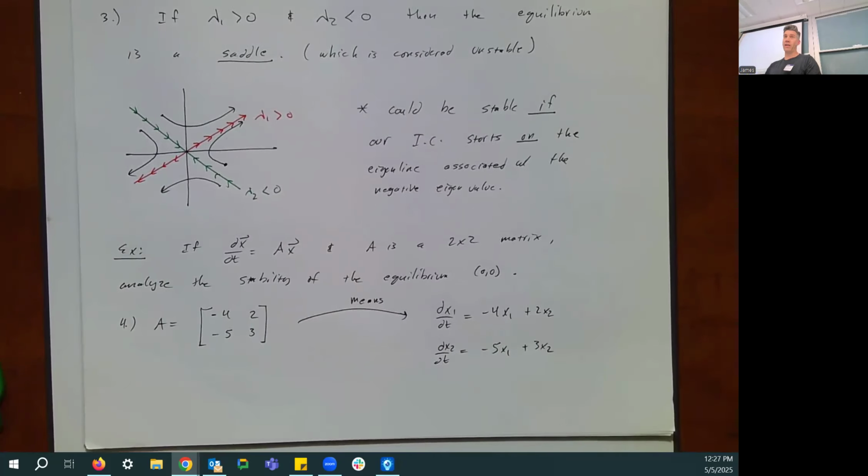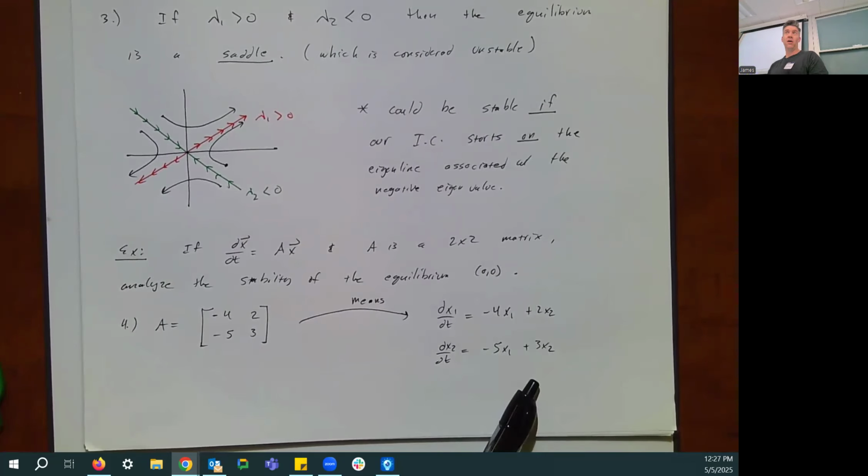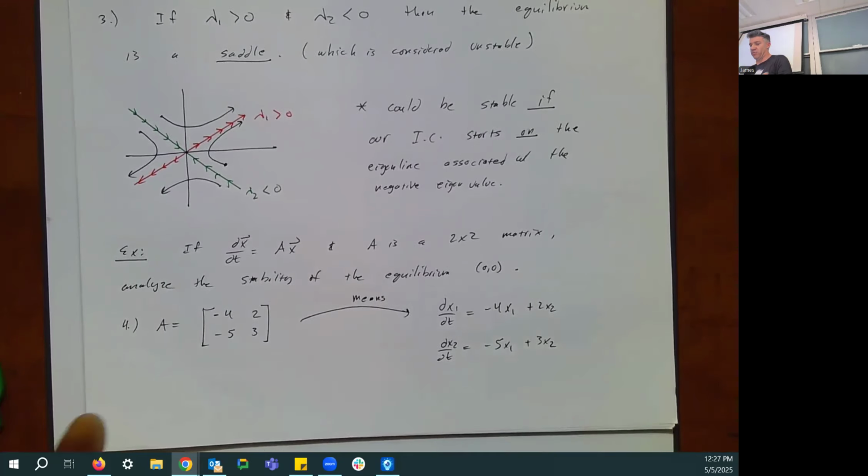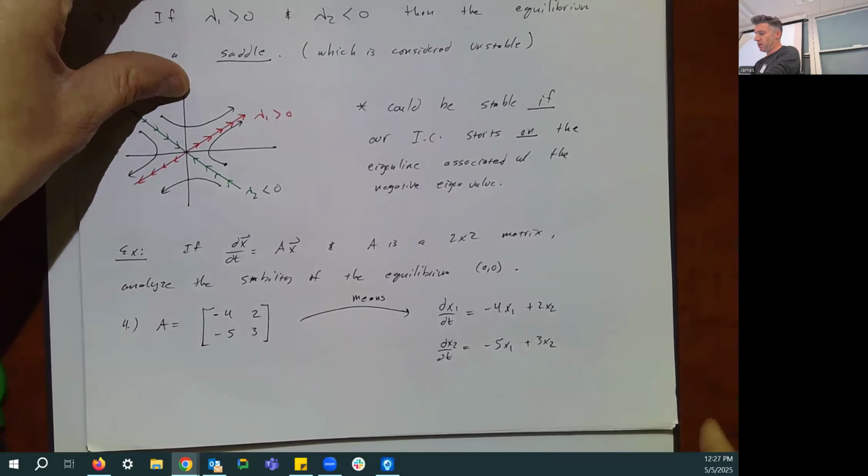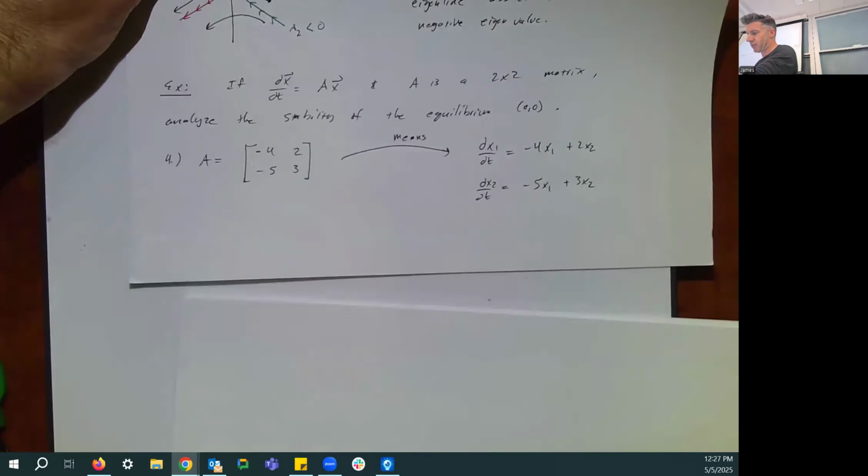I'm not saying you should write this down. I'm just saying when you see a 2 by 2 matrix like this, you should understand that we're talking about this system of differential equations, every time from now on, until things get more complicated.